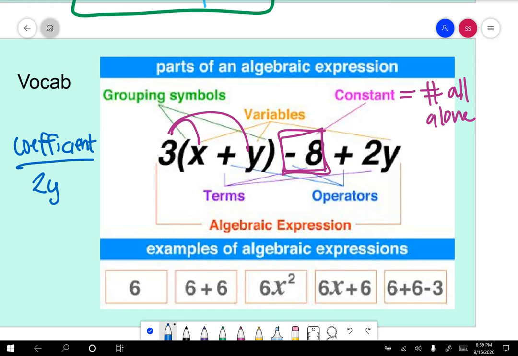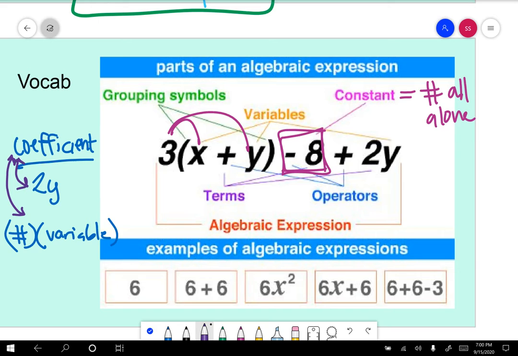If you have a number multiplied by some variable, or divided by some variable, we could say, that number is called the coefficient.